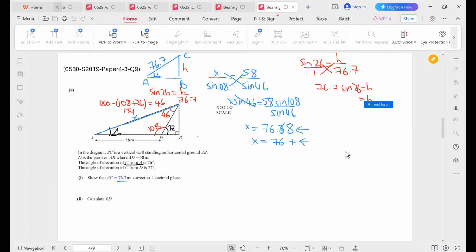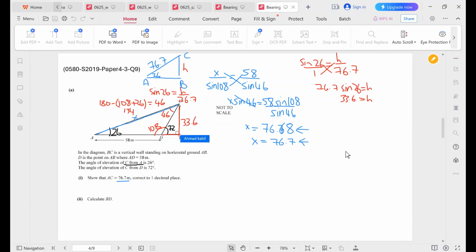So h equals, and you use your calculator, 76.7 sine 26, 33.6. Now that we have h is the height, which is basically side BC, this side here. So this side here is now 33.6.